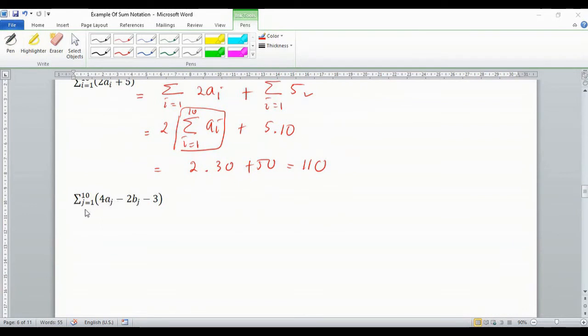Now the second is sigma j equals 1 until 10 of 4a_j minus 2b_j minus 3.